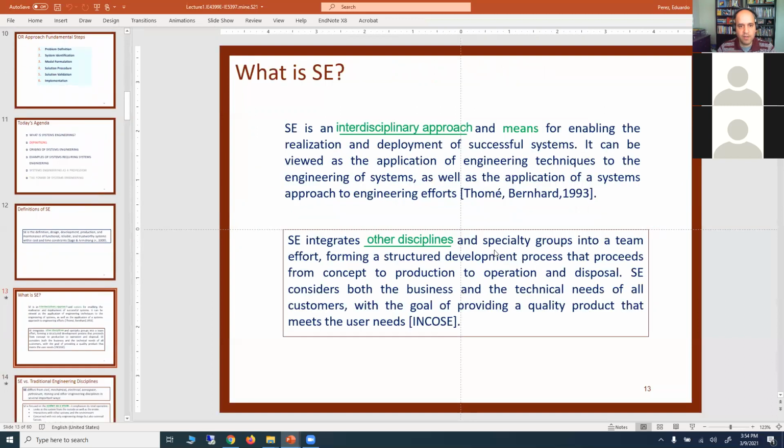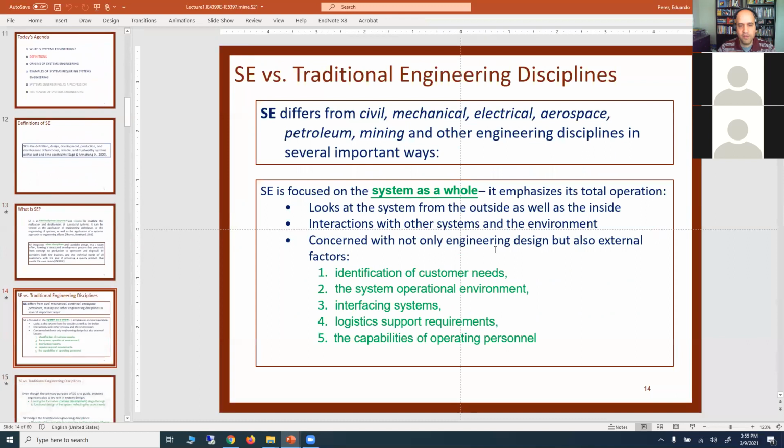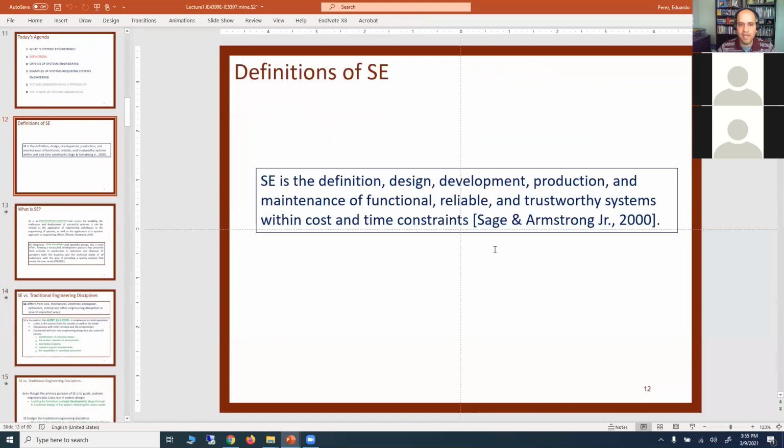As you mentioned, there are multiple definitions here, but the main idea is that if you look at these definitions, they are similar in some sense. You will have the design, the development, the production, the maintenance.